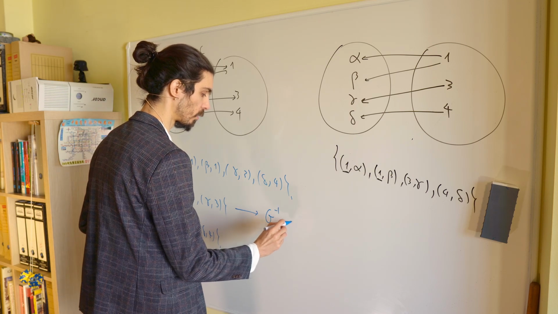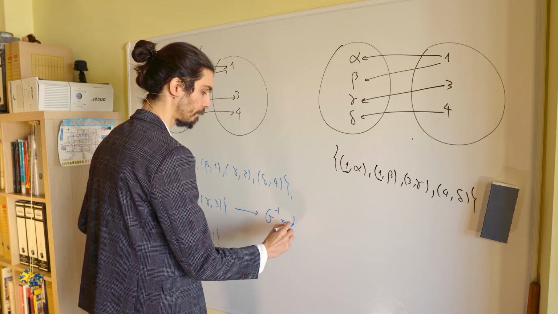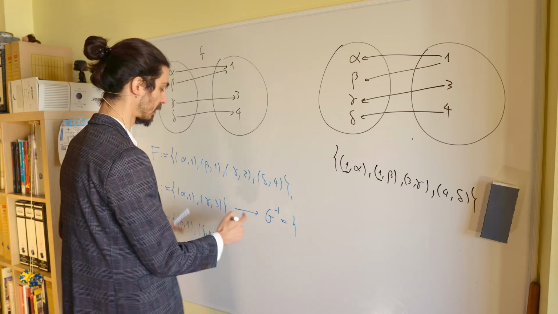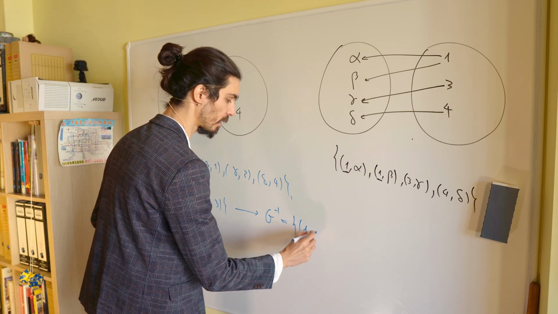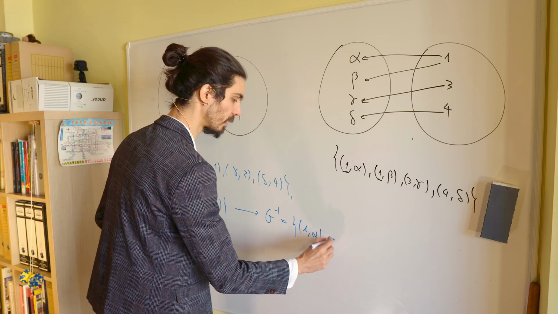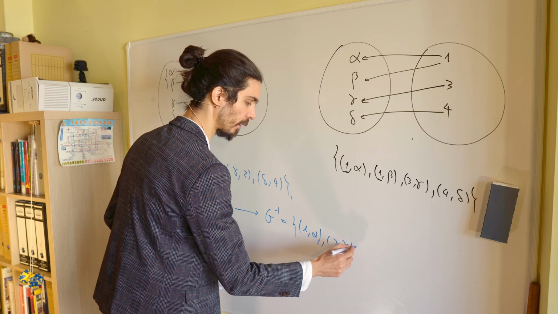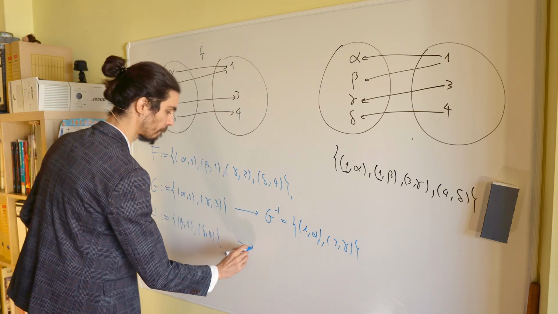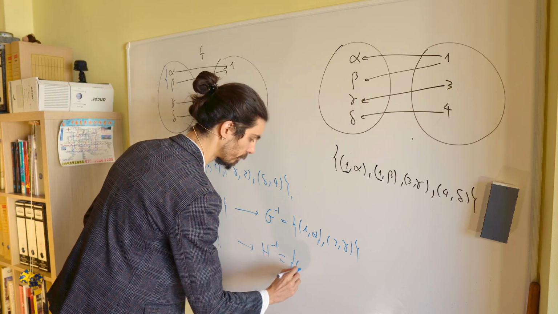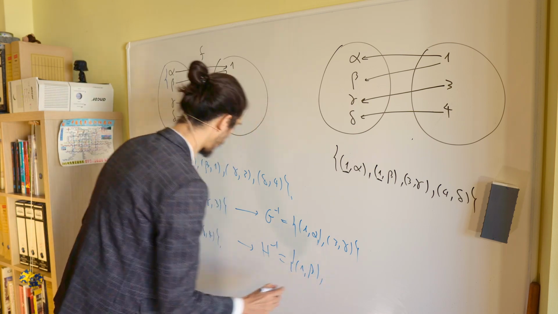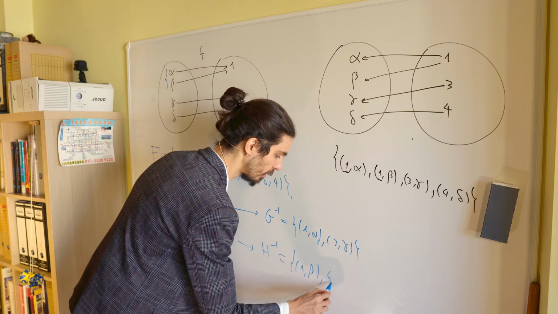So g minus 1, what is g minus 1? Well, you just flip the entries. Flipping the entries corresponds to flipping the arrows. So you will get 1 alpha and 3 gamma. The same thing here. So you get h minus 1 to be 1 beta, and finally 4 delta.